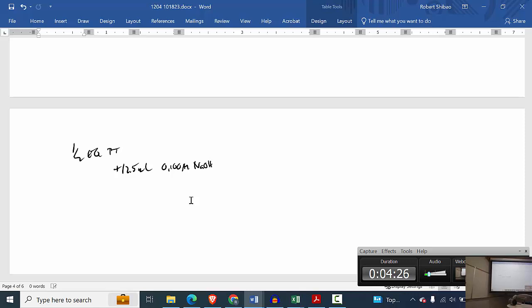If we do millimoles, I'll take 12.5 times 0.1, which gives me 1.25 millimoles. Then at the end, we convert it. Or we could do it with concentrations. Concentrations seems like a bit more of a hassle than millimoles, but I like it myself, so I do concentrations instead.